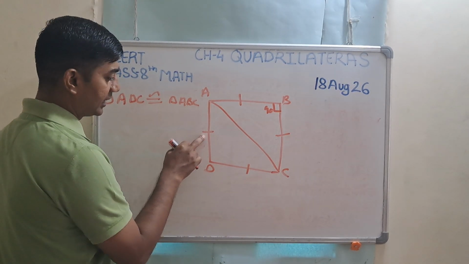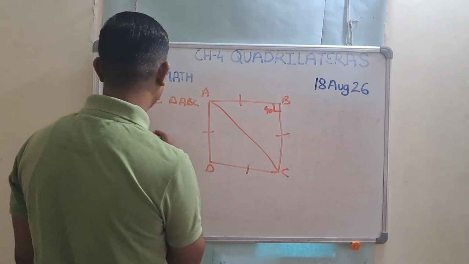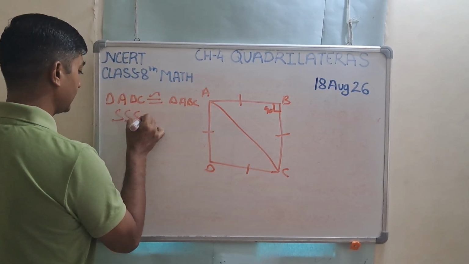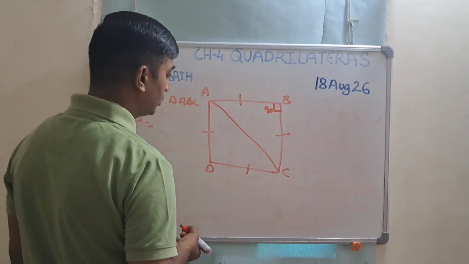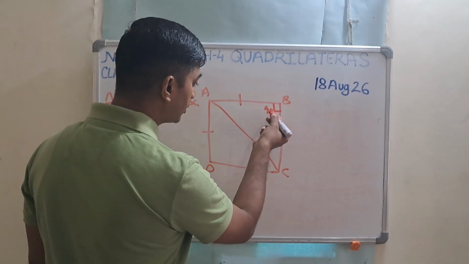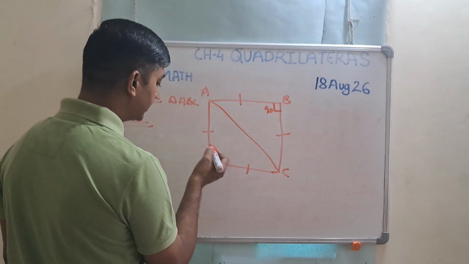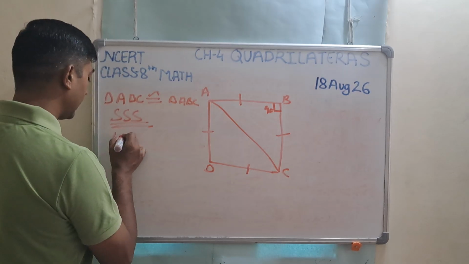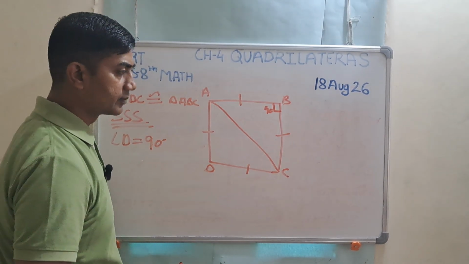How? This side is equal to this side is equal to this side, and this is the common side, by SSS. Understood? And by CPCT you will find that this angle is 90 degrees, meaning angle D is also 90 degrees, meaning opposite angles are equal.